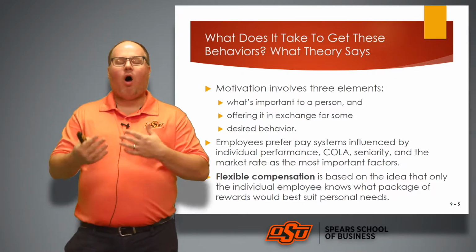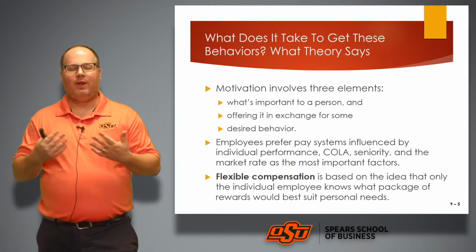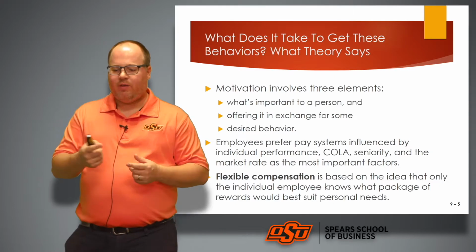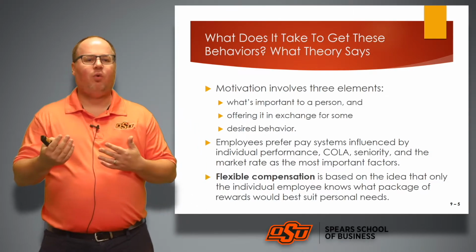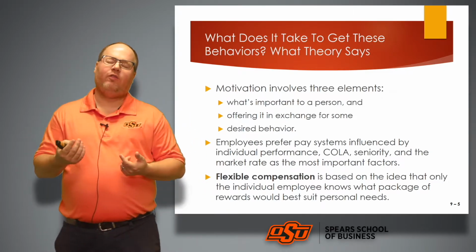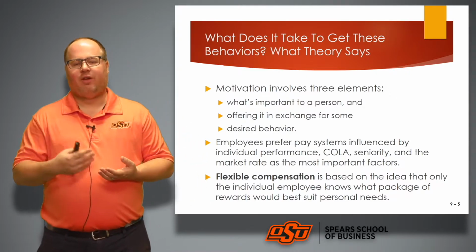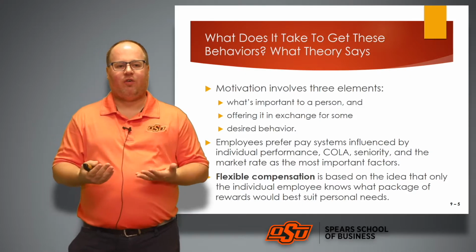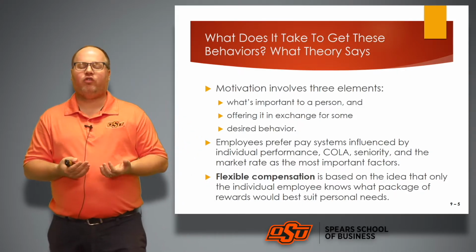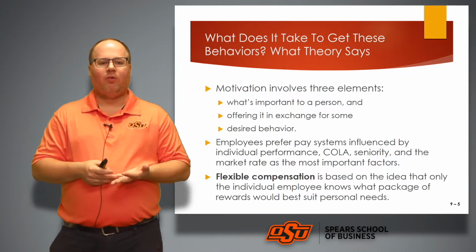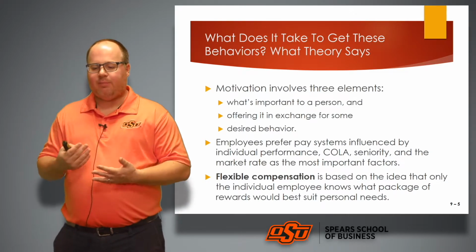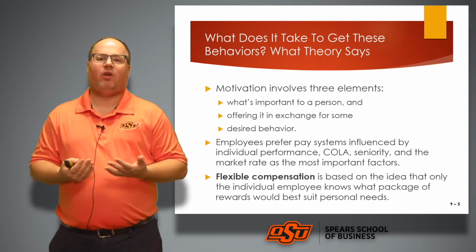All of this relates to how we end up paying a person. You see that employees prefer pay systems influenced by their own performance. COLA is a term you see a lot, which stands for cost of living adjustment. Basically, as taxes and the cost of things go up, we adjust for that. But the biggest trend right now in compensation and total rewards is flex comp, being able to reward employees based on their personal needs.